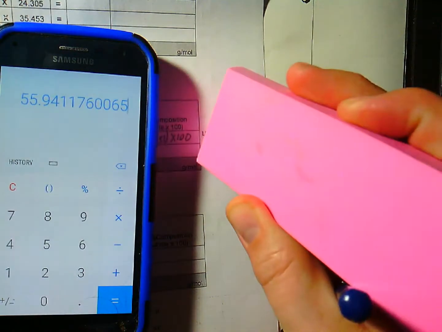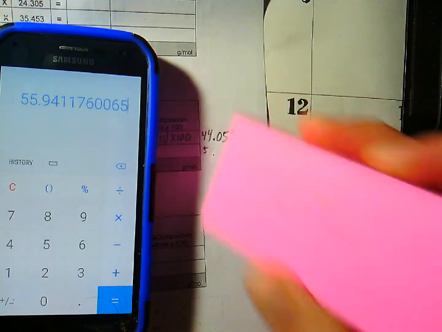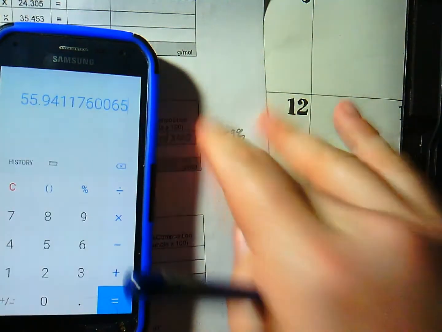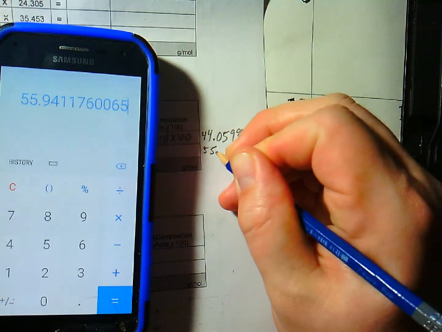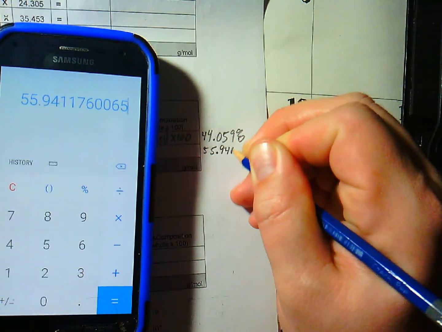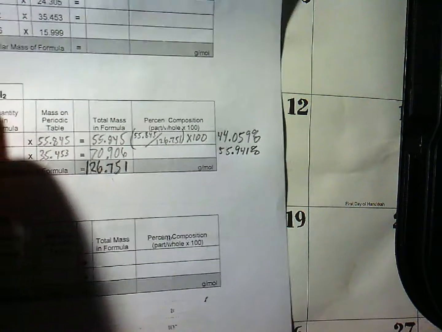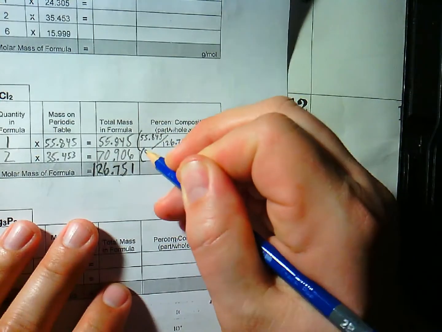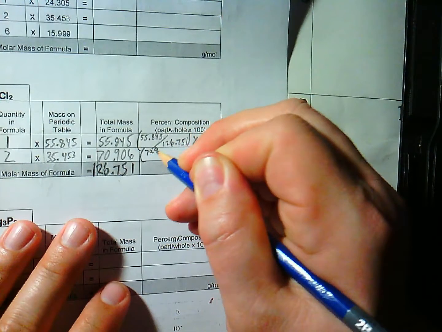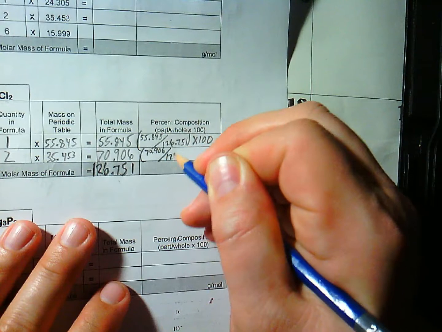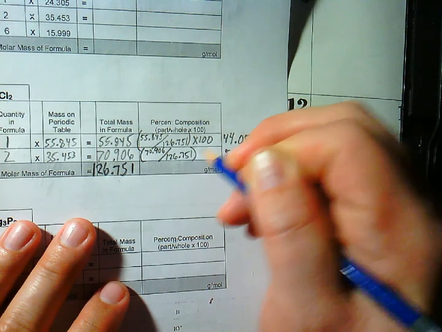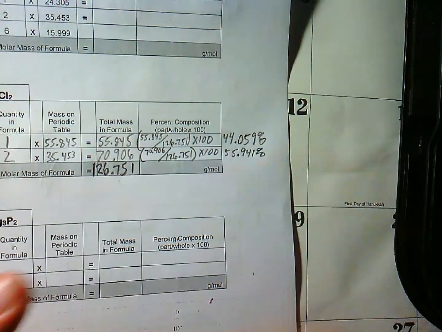The answer is 55.941%. Okay, I'll just write this out. 70.906 divided by 126.751 times 100. That's all you do.